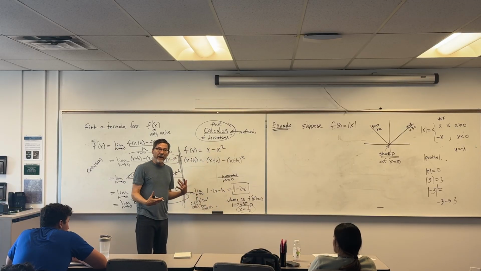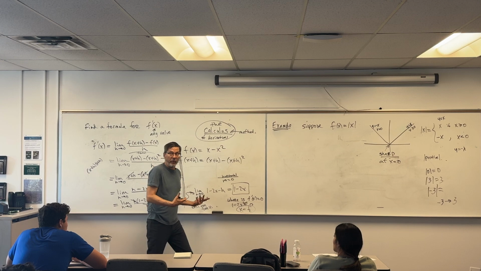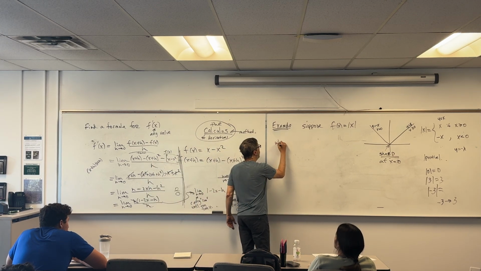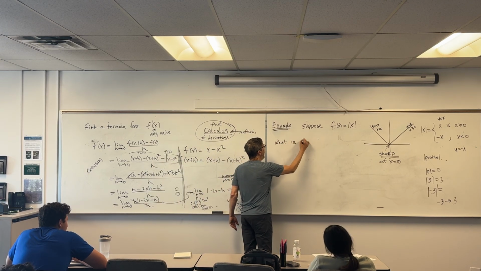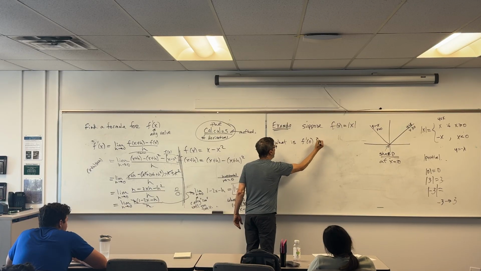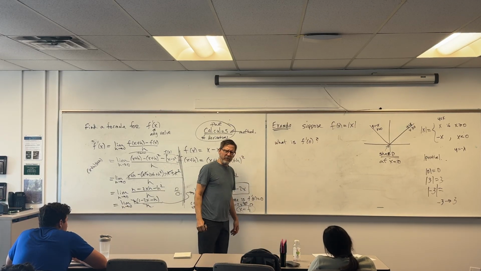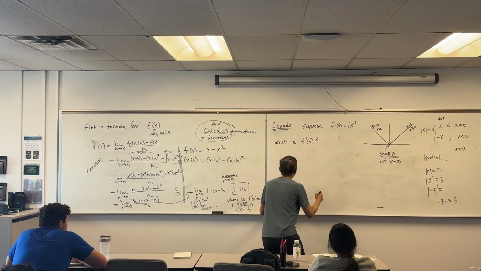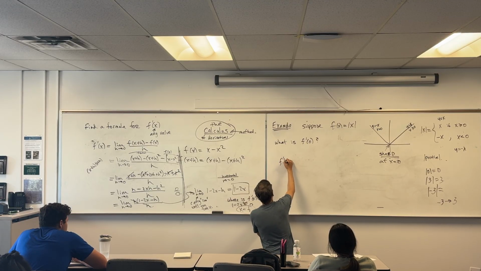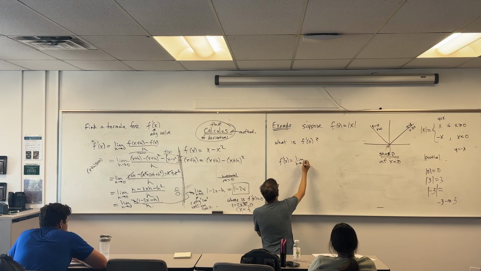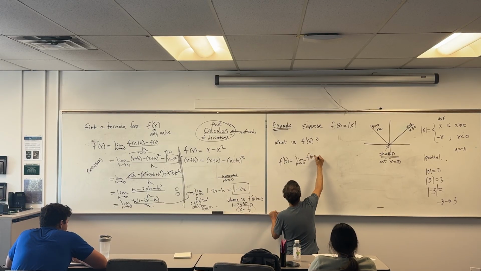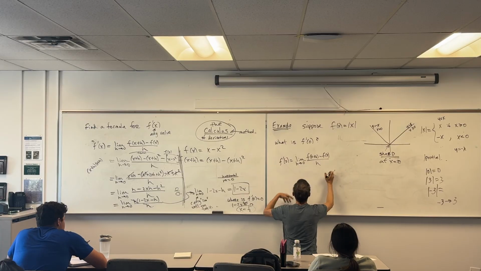So I want to think about, what is this function's derivative at 0? What happens when we try to find that? So what is f prime of 0? Let's use the definition. f prime of 0 is the limit as h goes to 0 of f of x plus h minus f of x over h. This is the thing you'll just remember.